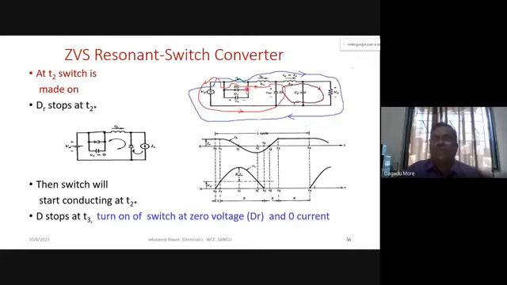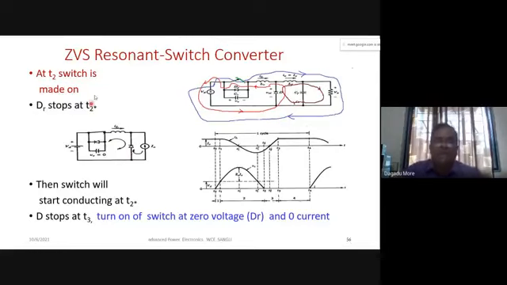The switch is particularly unidirectional, so the red current will flow through the diode up to T2 dash, and once the current becomes positive, our switch will carry the current. Though the switch is on at T2, it will not carry the current. It will carry the current after T2 dash, and that current is shown with a blue color.